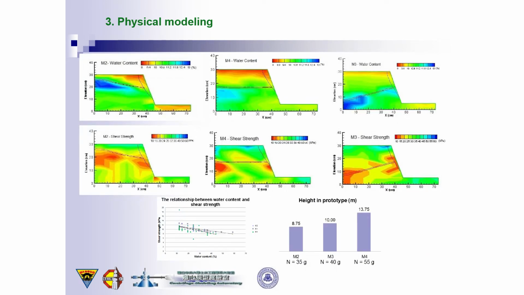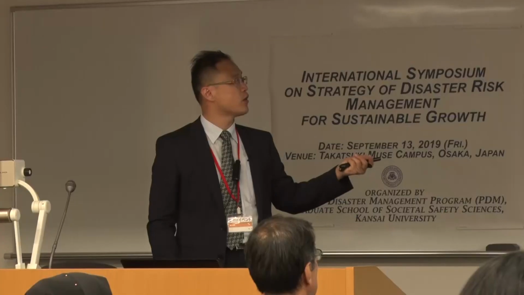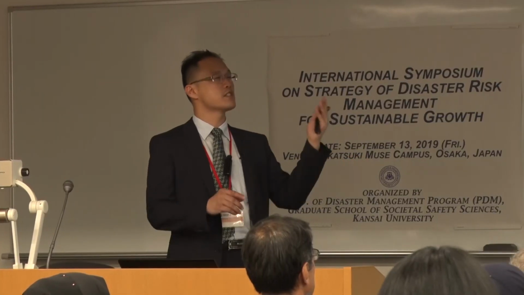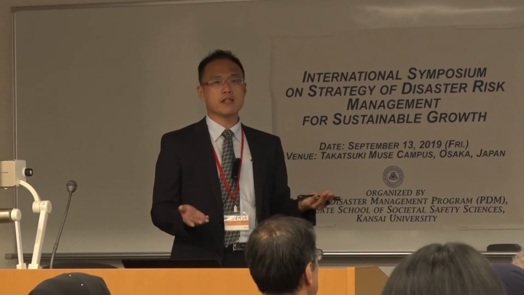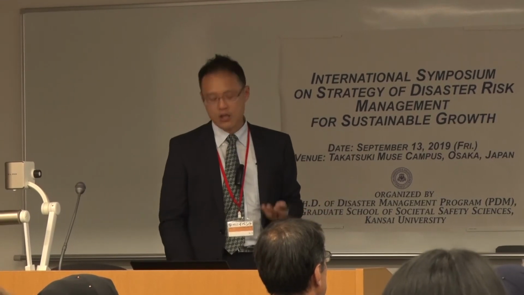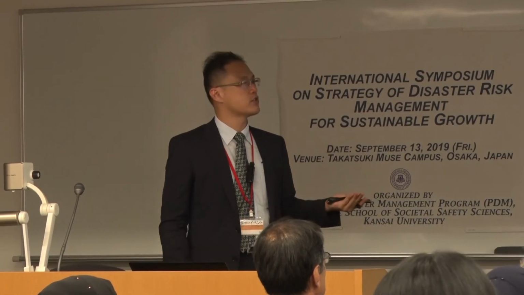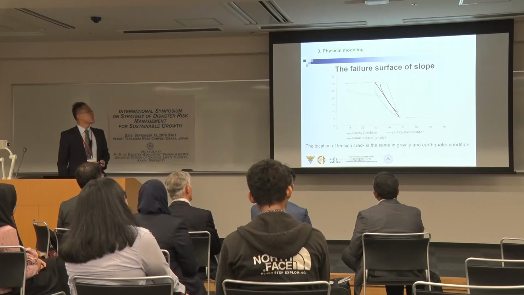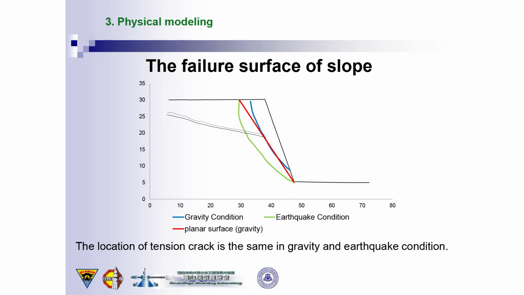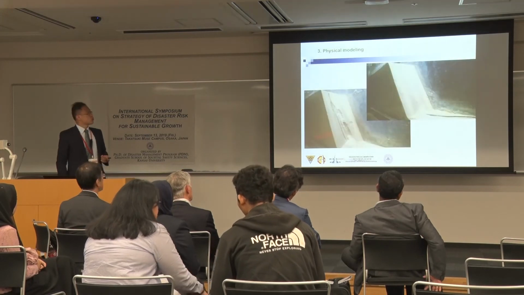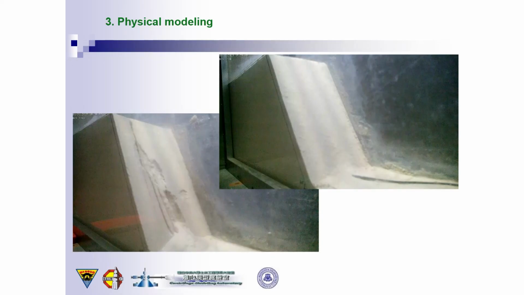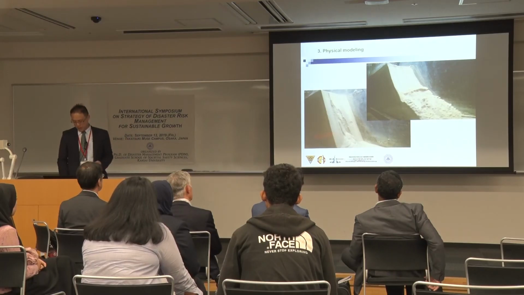If there are thin layers horizontally, or in the dip direction, or reverse dip direction, that will affect the distribution of water content. Of course, it will change the distribution of the strength, and that will affect the failure surface of the slope. So not only this, but we input the base shaking, we apply the rainfall, so that will lead to different failure behavior.